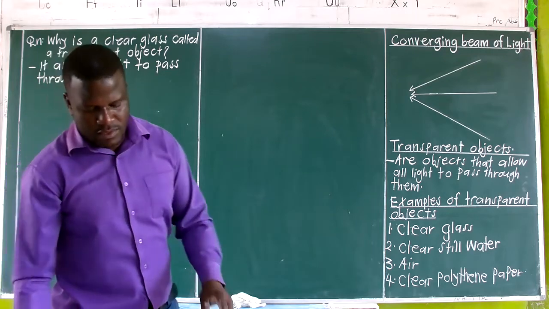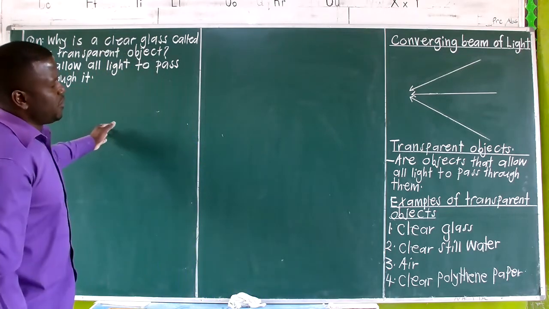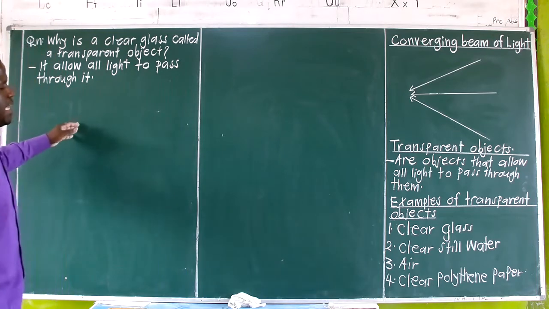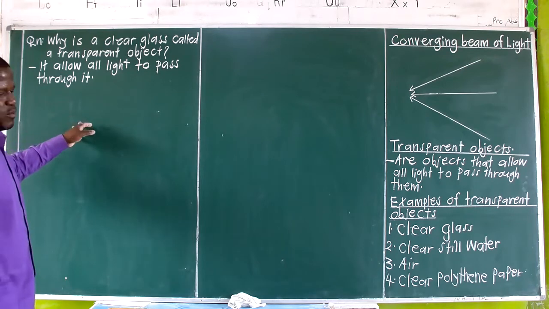That's why it is called a transparent object. And why are we able to see through clear glass? Because it allows all light to pass through it.